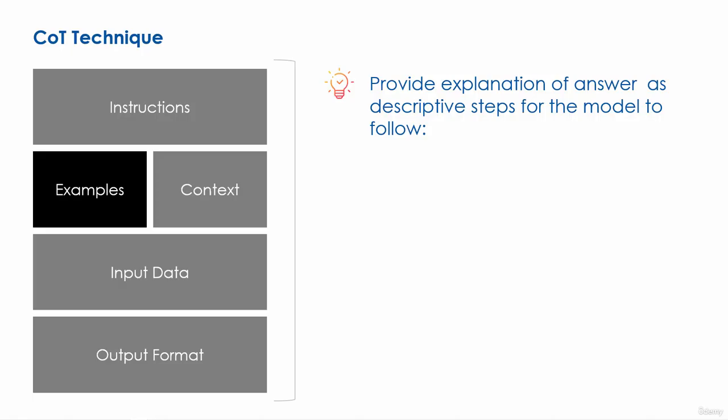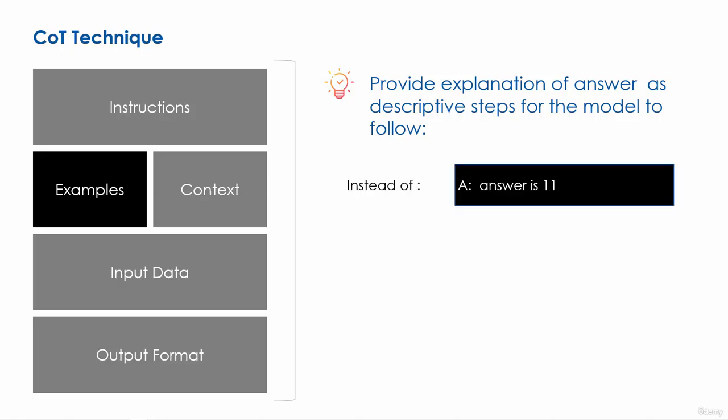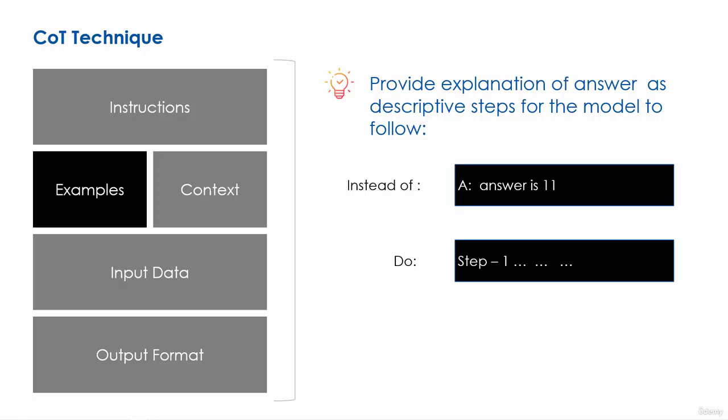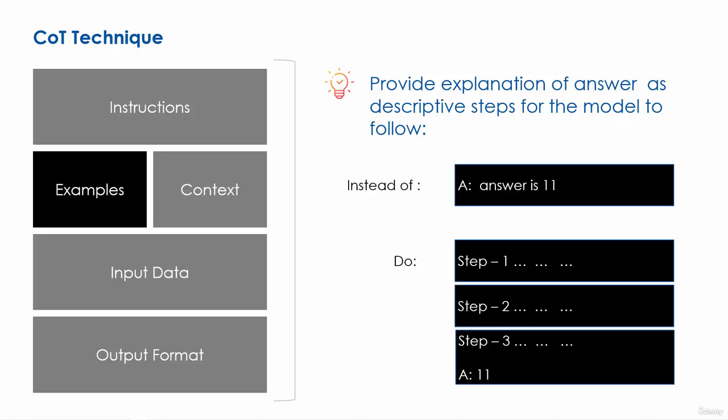In fact, it is easier for us to understand a task when it is broken into steps. Chain of thought involves the same approach, wherein we break the answer in the examples into steps that explain how we arrived at the answer. So instead of just saying the answer, we provide descriptive steps that show how we arrived at the answer.